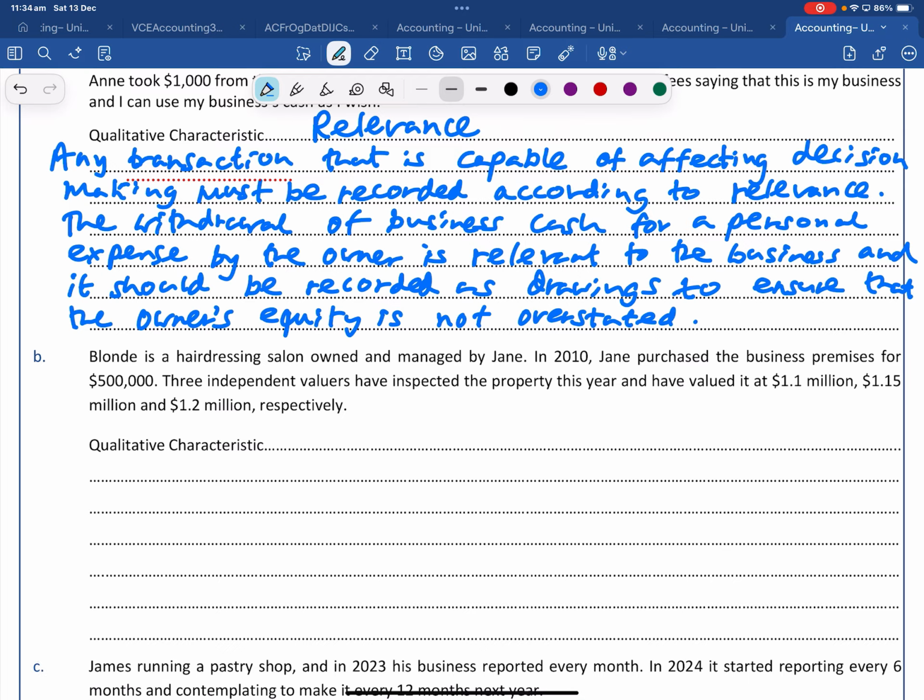Is this question familiar? Same as the previous one. But what is the difference? This one is a characteristic. Earlier I asked you the assumption, yes? This one is a characteristic, guys.